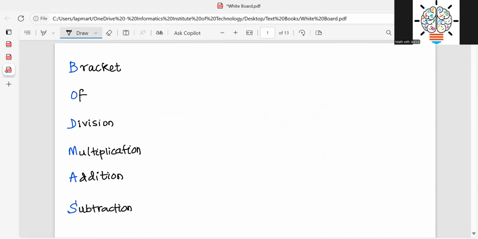If you come across all these in one question, how are we going to do it according to this order? We first look at the bracket, then of, then division, then multiplication, addition, and subtraction.